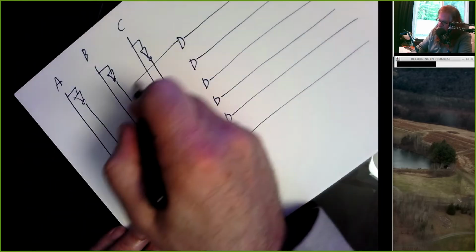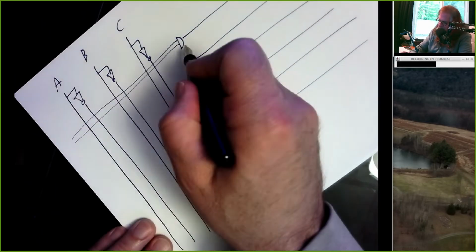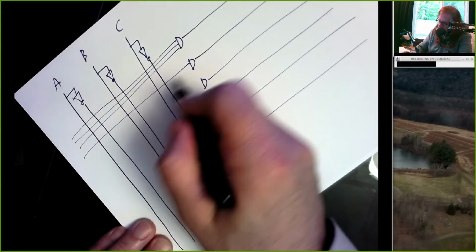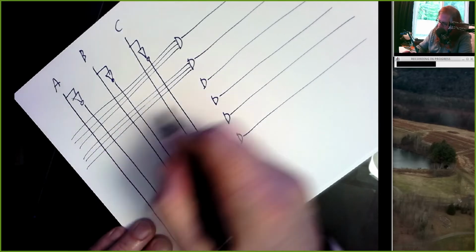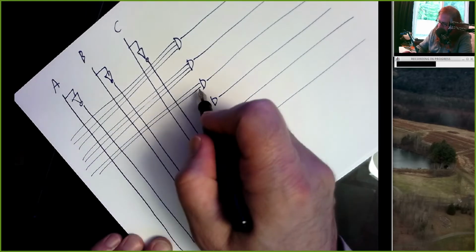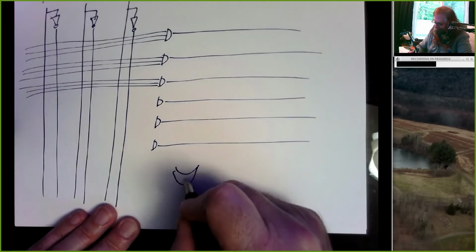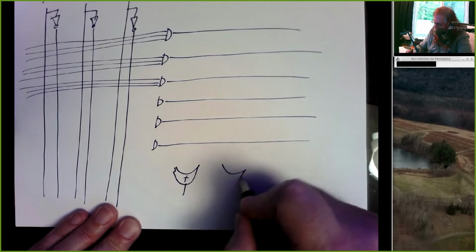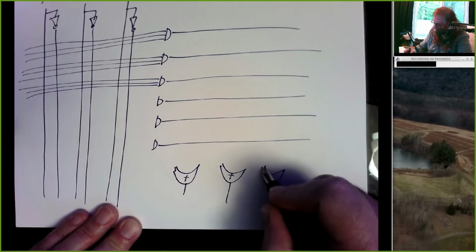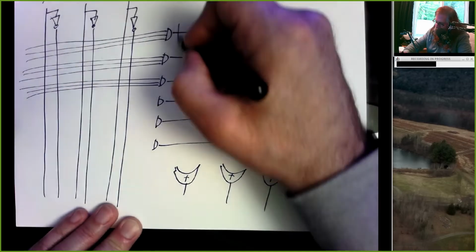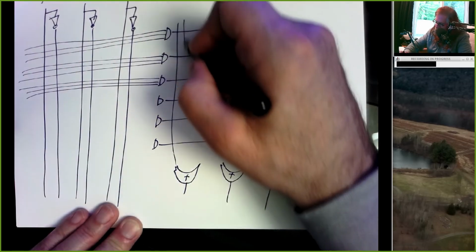Let's just say that they're 3-input AND gates. And so on. And over here, I'm going to make some OR gates, and I'm just going to have a bunch of inputs going into my OR gates.